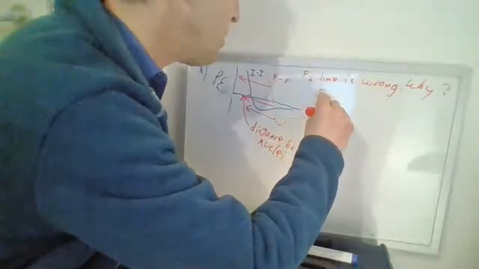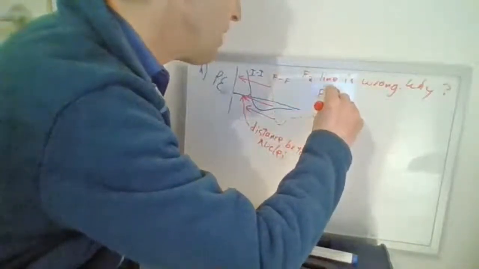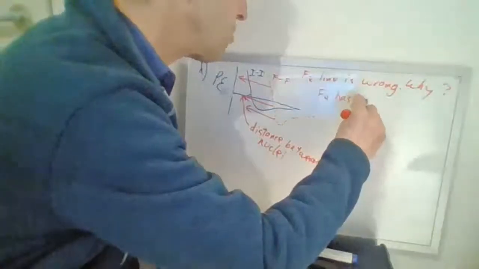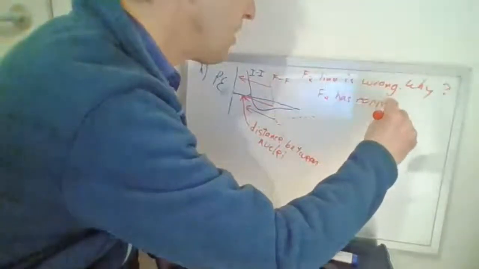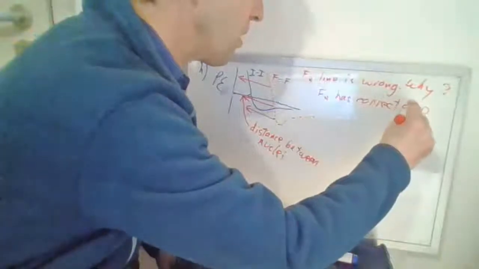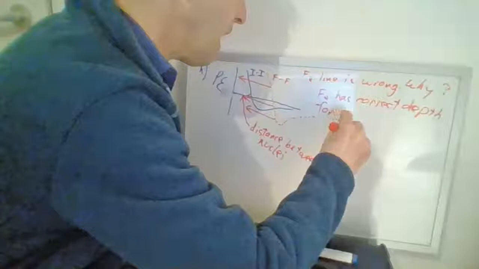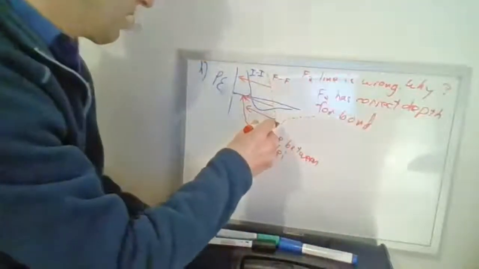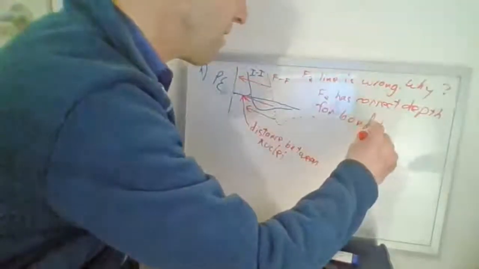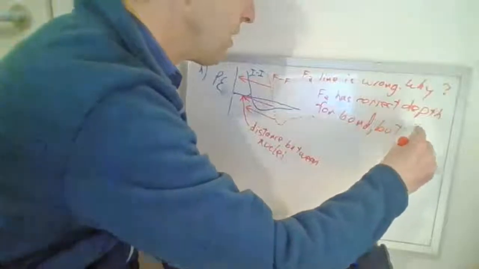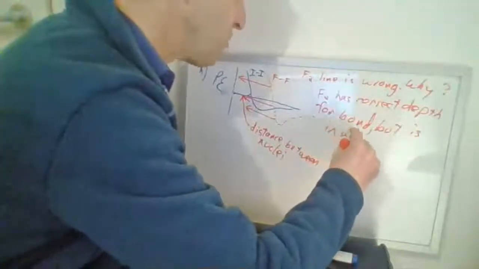So F2 has correct depth for the bond. Remember, this is like where the bond is, this low spot, but it is in the wrong spot.